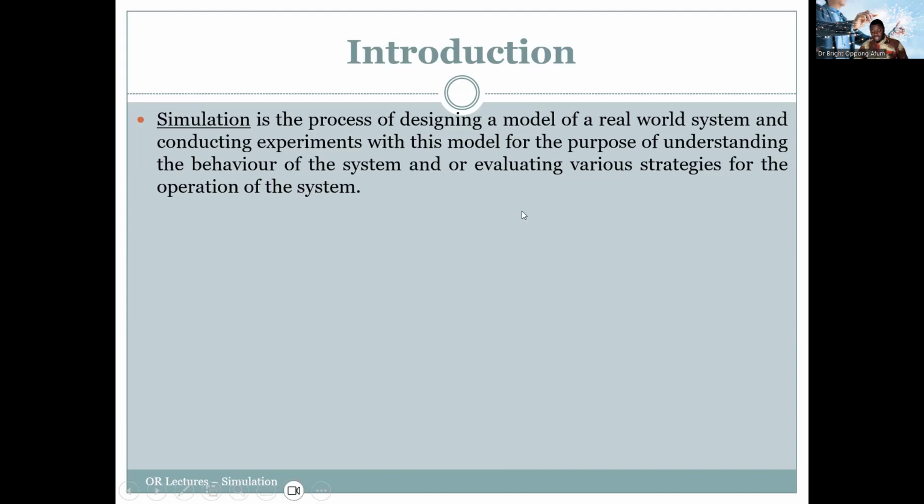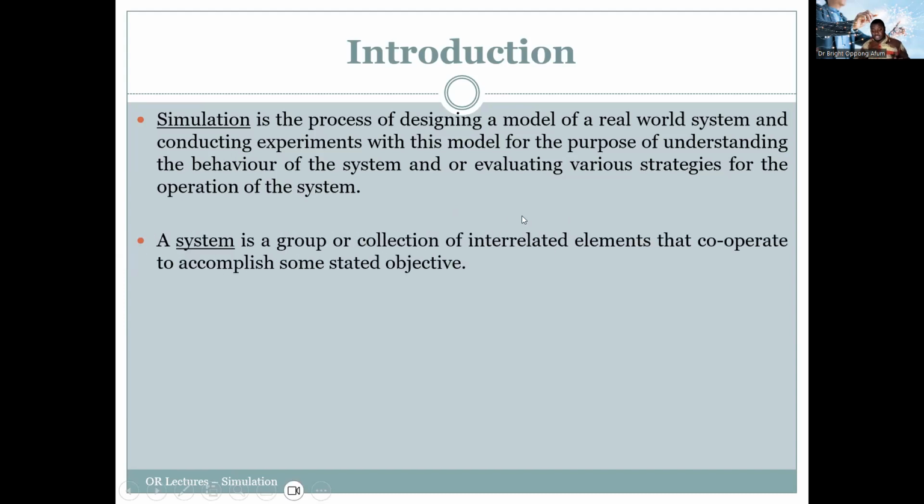So what is a system? As we are looking at modeling a particular system, or simulating a system, or trying to understand its behavior, a system is a group or collection of interrelated elements that work together or cooperate, or have some relationships, to accomplish some stated objectives.